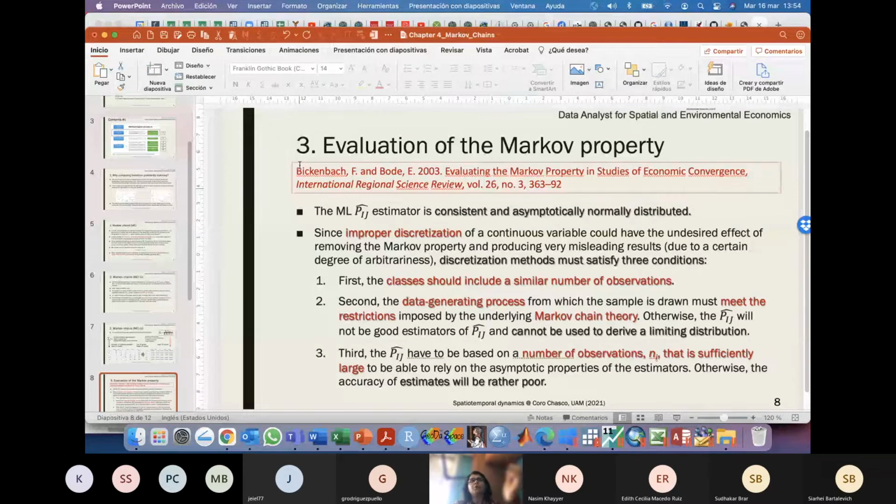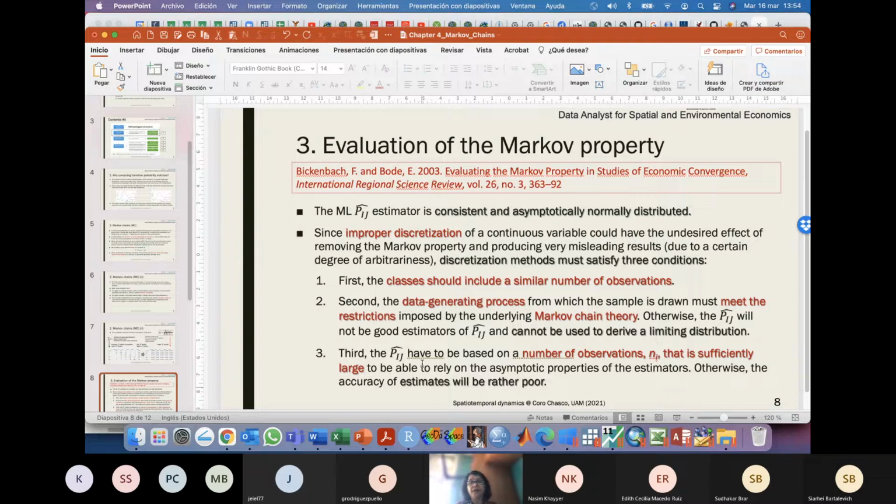Or if we are going to converge in terms of GDP per capita or income per capita in Europe, for instance, which is one of the main objectives, or even in Spain, or whichever other country, in France. So we want to derive the limiting distribution. And please, if this Markov chain theory, this AR1 assumption, does not hold, we are going to get the ergodic distribution, but maybe it is going to be of no use, or useless.